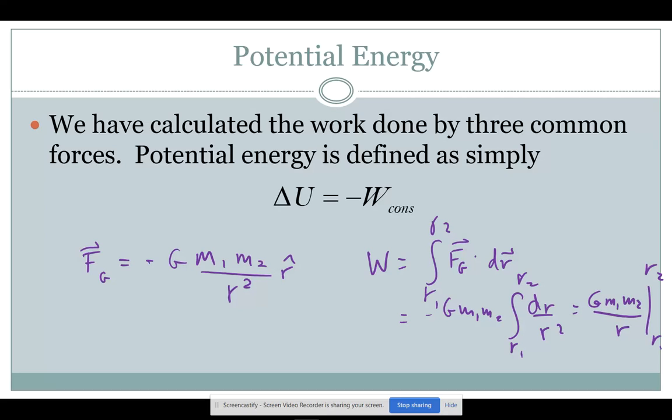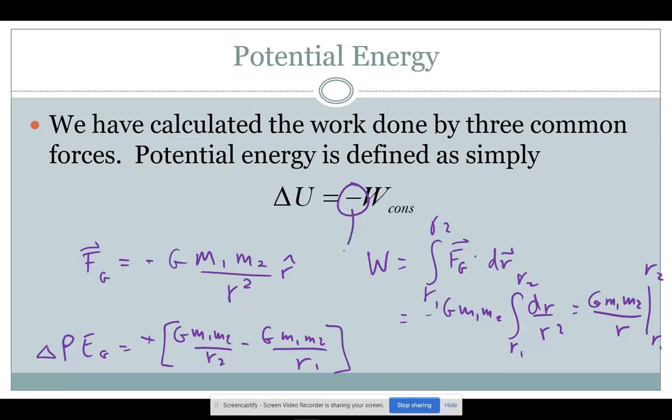And so I have U is the same as potential energy. So here's the minus sign that comes from there. And then the rest is the work, because it's minus the work.